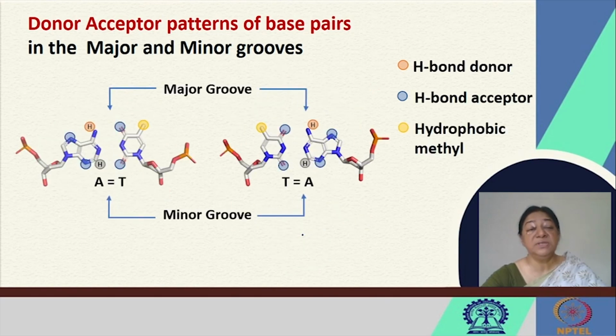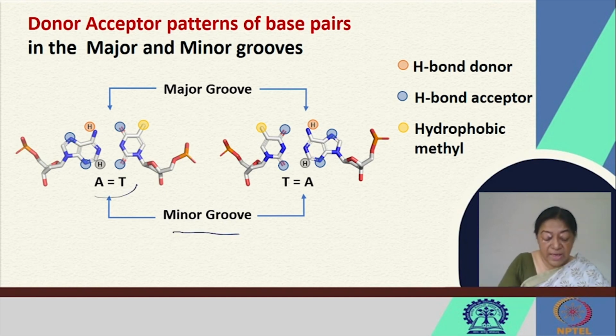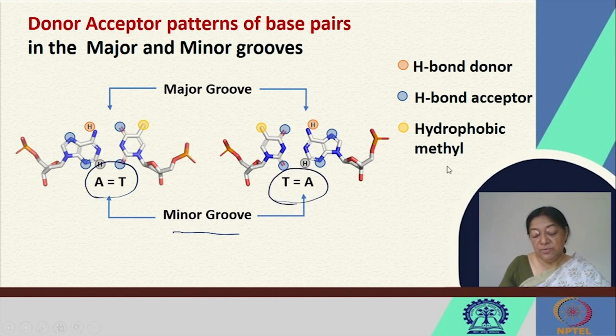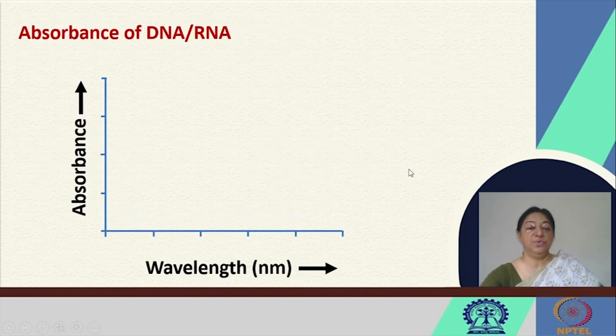This is important in the stability of the DNA molecule as well. When we look at the DNA donor acceptor base patterns for the minor groove set, we will have an AT double bond formation and a hydrophobic methyl that is also present.